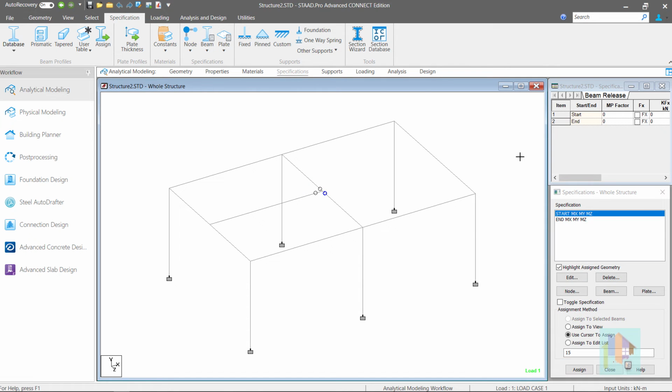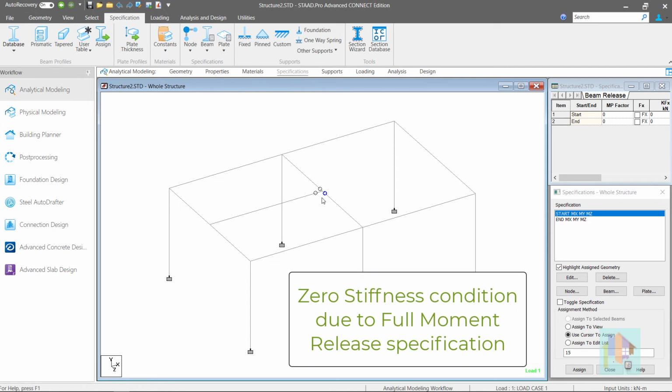This means that there is no rotational stiffness present in any of these members at this joint. If an external moment is applied at this node, no member can resist that moment, correct? For this model, full moment release to all the members connected at a node is the reason for the zero stiffness condition.